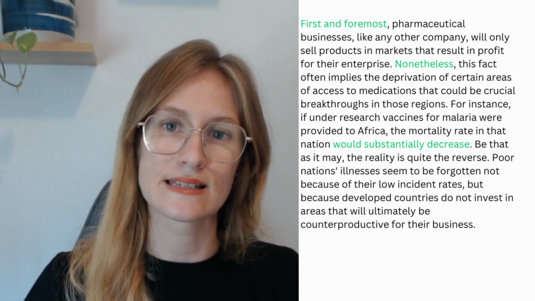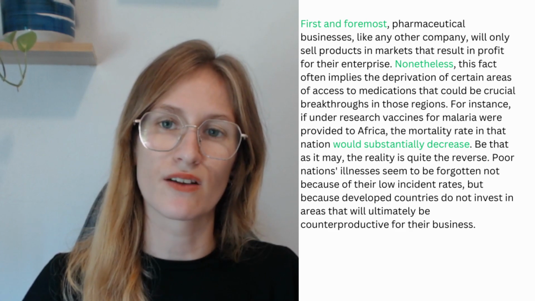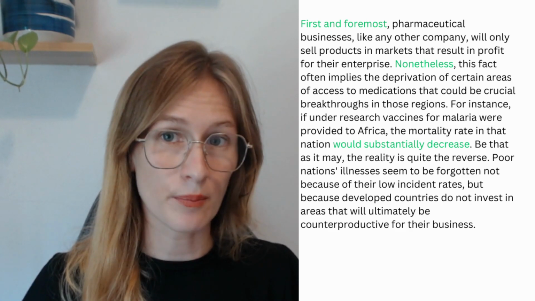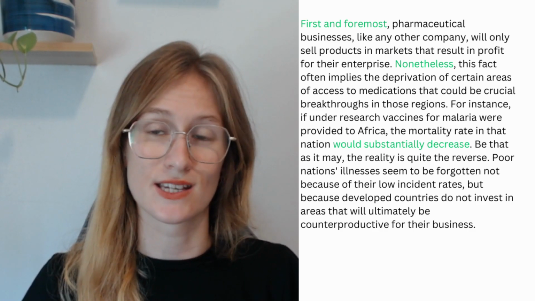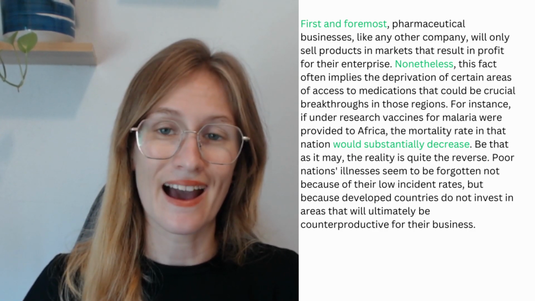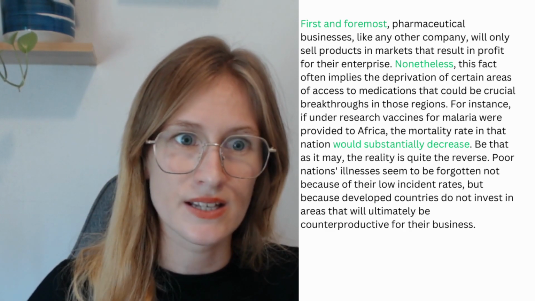You can clearly see, compared to the first answer that we looked at, the student is being very careful to only use vocabulary that she knows 100% how to use, that she is familiar with. However, it still shows a very advanced level of understanding.